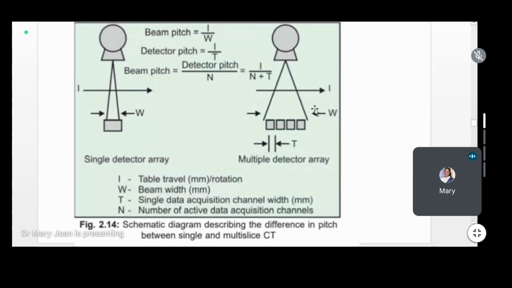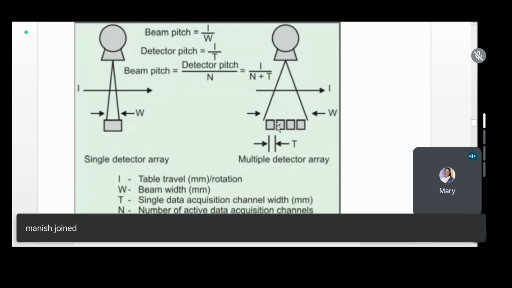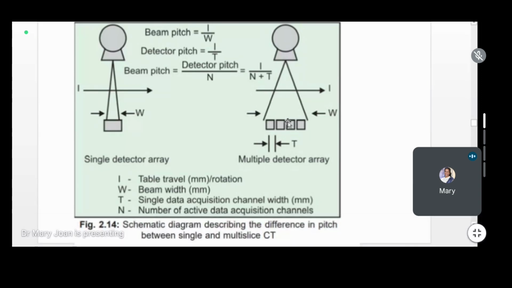It is clear from here, right? So here we have a single detector array. So the beam width over here, and in one beam, how many detectors are actively involved in the detection of images, that is what gives us the multi-detector pitch.